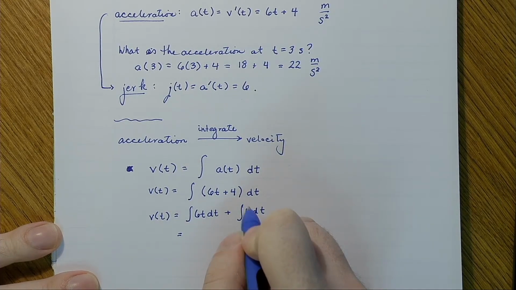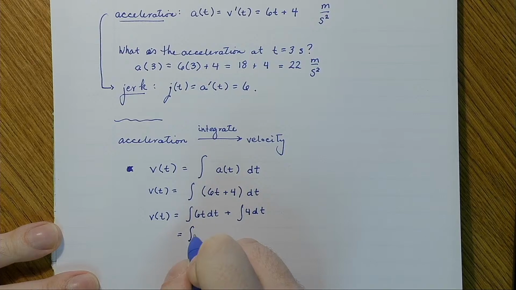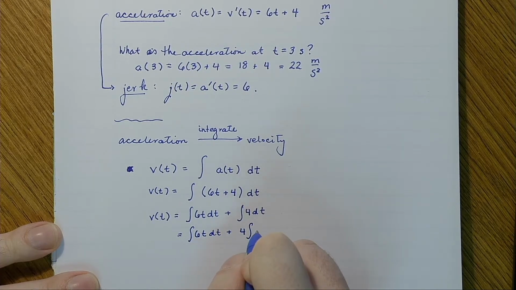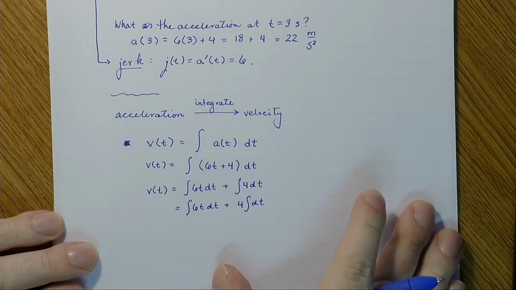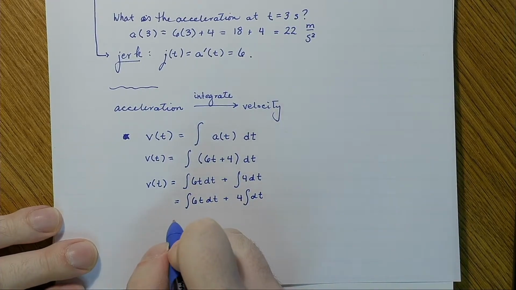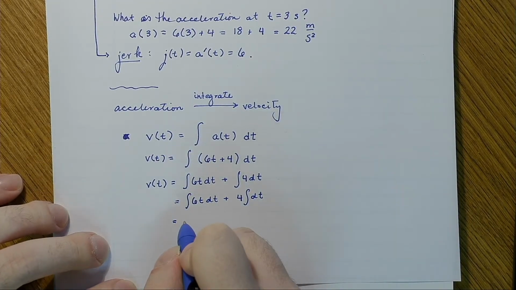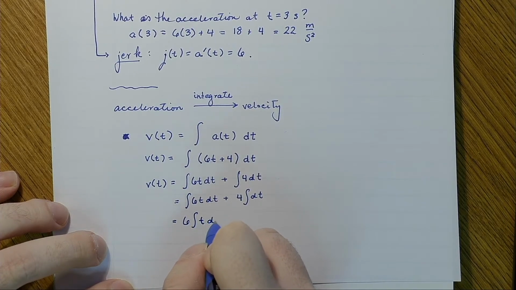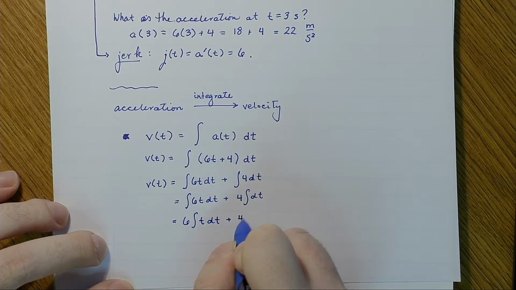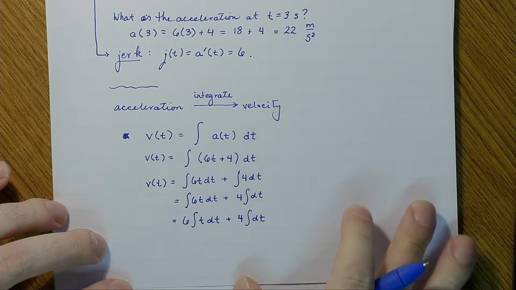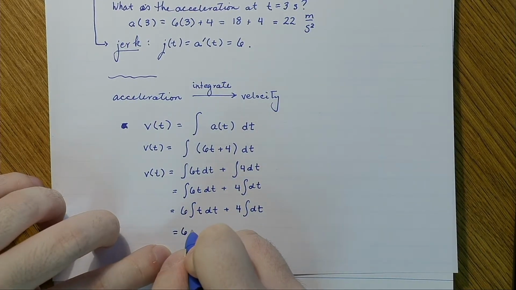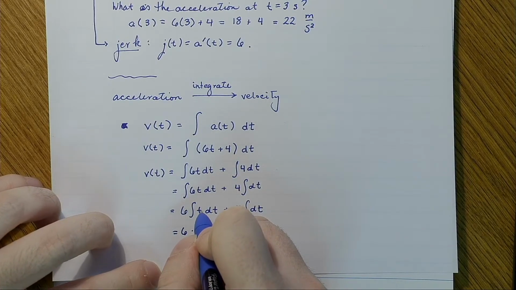And again, that's a constant, so I can pull that out in front. Same thing here, I could pull that 6 out in front. So I'm left with 6 times, and then what I have is t.